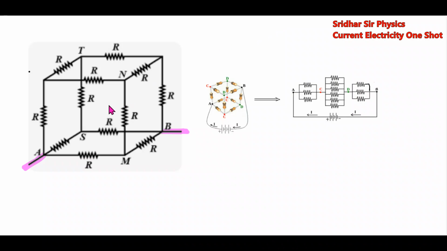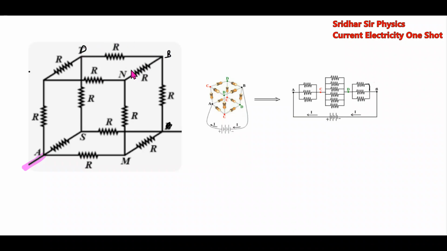The symbols have gone wrong. Effective resistance RAB, it should be. Let me do one thing, I'm missing the symbol AB.